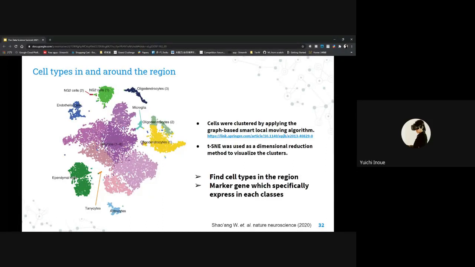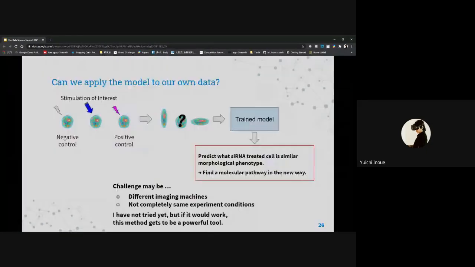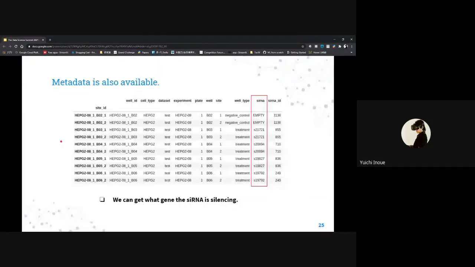Sorry, I forgot, but any other dataset of cell morphology is posted to Nature Methods. So it's a very high impact factor.